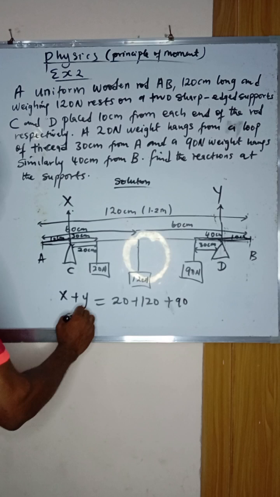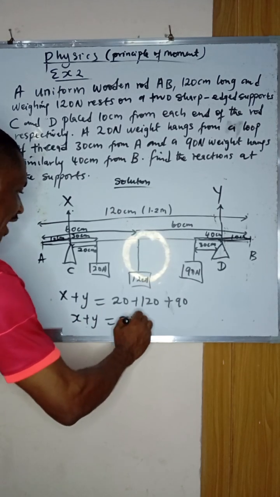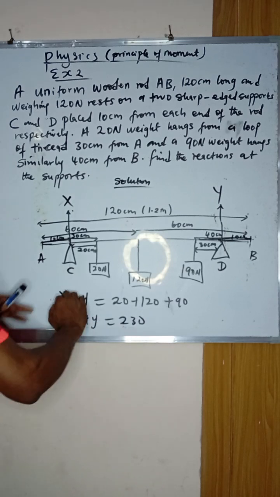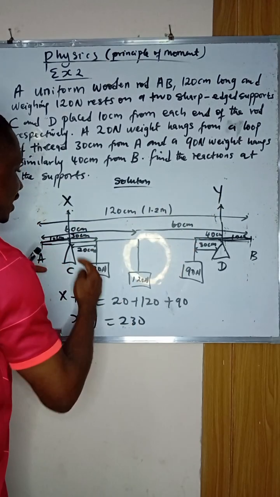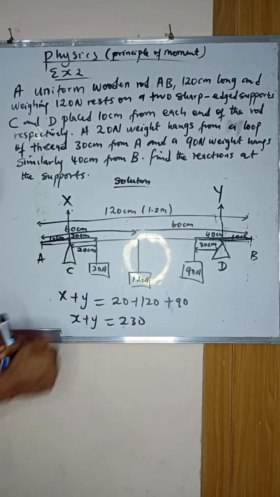If you add these up, X plus Y equals 230. These are the upward forces, and these are the downward forces, for this body to be in equilibrium.